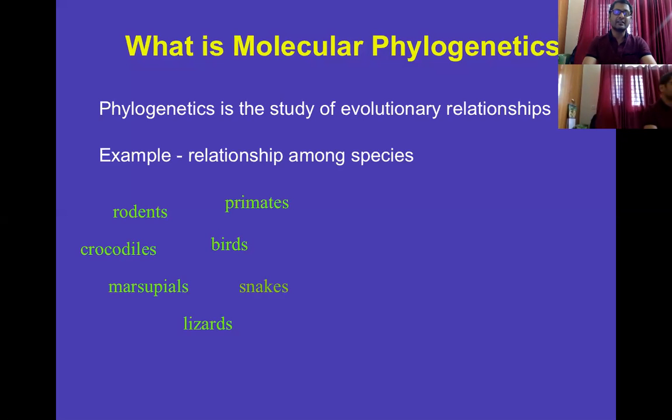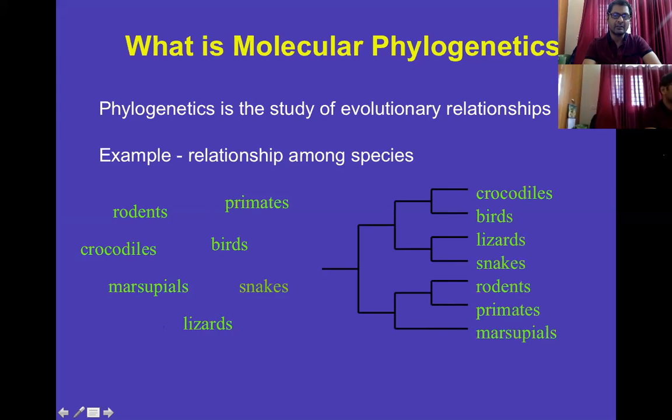Molecular phylogenetics is the study of the relationship between species on the basis of their molecular structure, on the basis of their DNA. An example given here shows different species, and if we want to see the relationship between them, we'll find in this tree that crocodiles and birds are together, then lizards and snakes are together, rodents and primates are together, and in this same group marsupials are there.